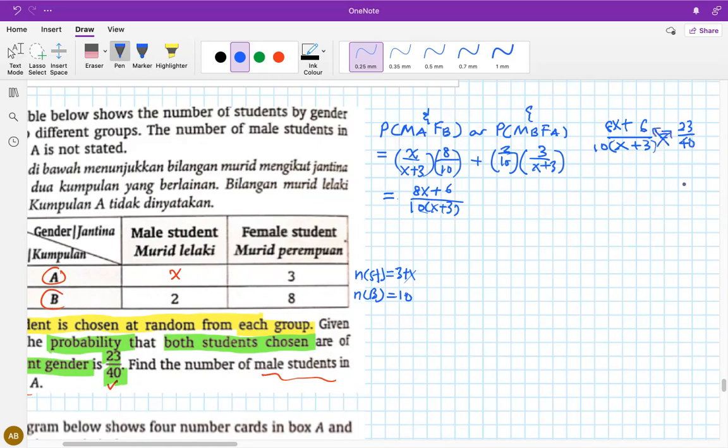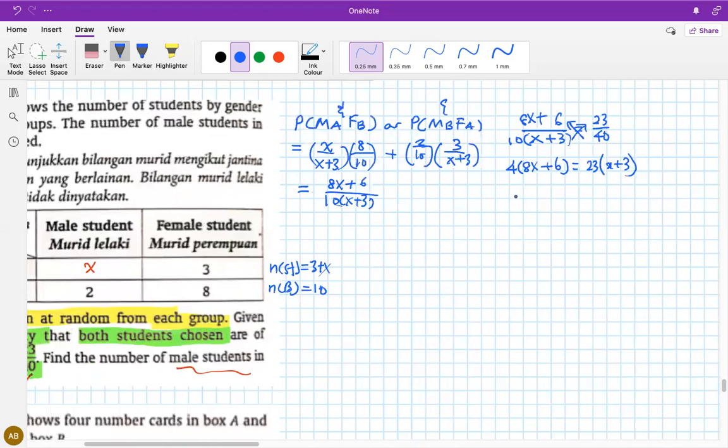So 40 divided by 10 is 4, therefore 4 times 8x plus 6 equals 23 times x plus 3. So you get 32x plus 24 equals 23x plus 69.